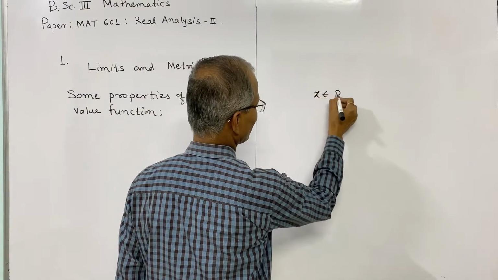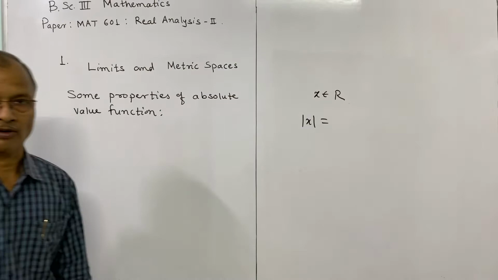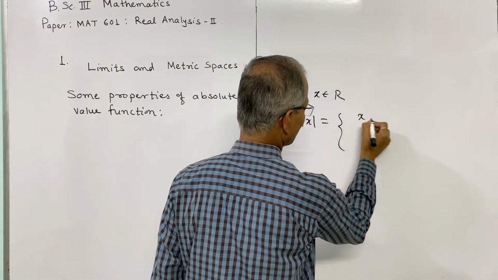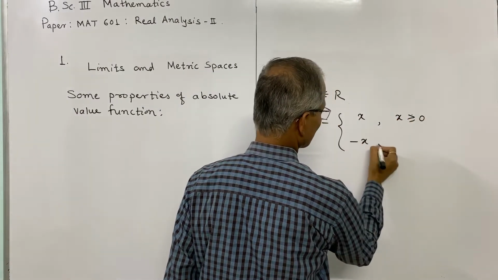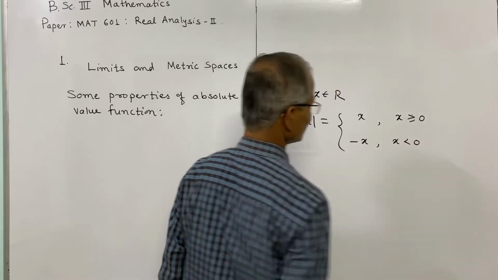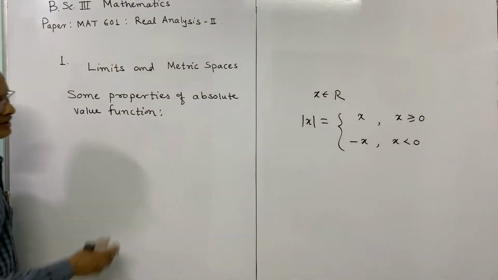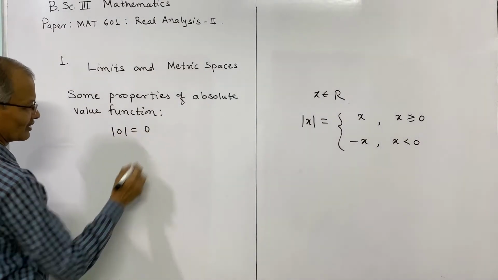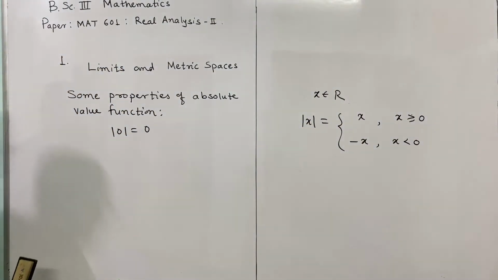If x is a real number, then the absolute value function, denoted by this symbol, is equal to x when x is greater than or equal to 0, and negative x when x is less than 0. That is the definition of the absolute value function. And these properties are according to the definition. Simple. When x is 0, absolute value of x is x. So absolute value of 0 is 0.